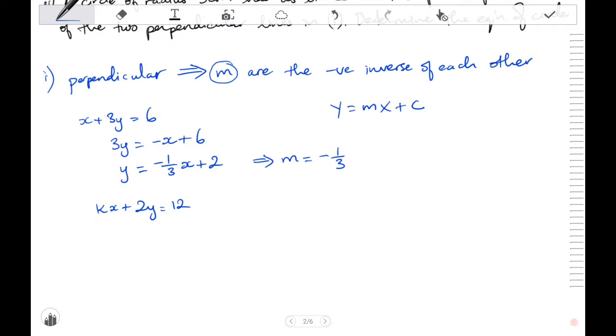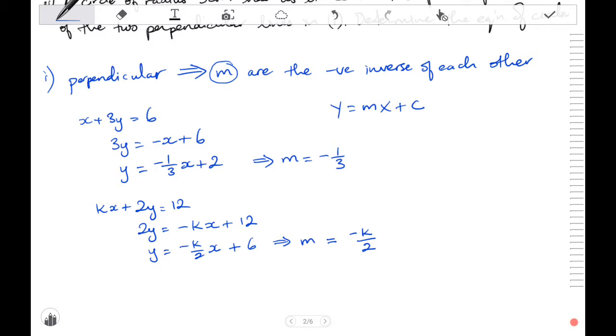We do the same thing: solve for y, or make y the subject. So 2y equals minus kx plus 12. Divide throughout by 2, and we get minus k over 2 x plus 12 over 2, which is 6, right? So the gradient of this line is equal to negative k over 2.